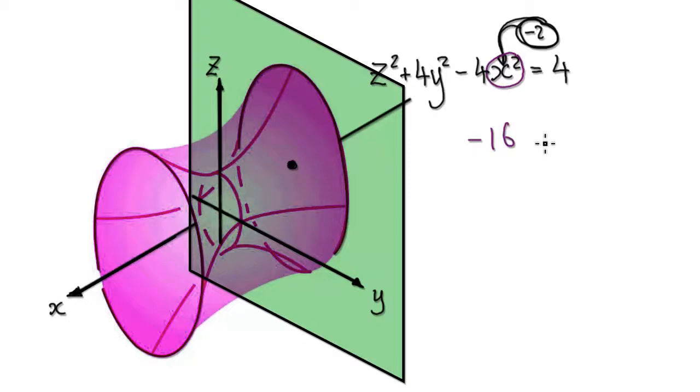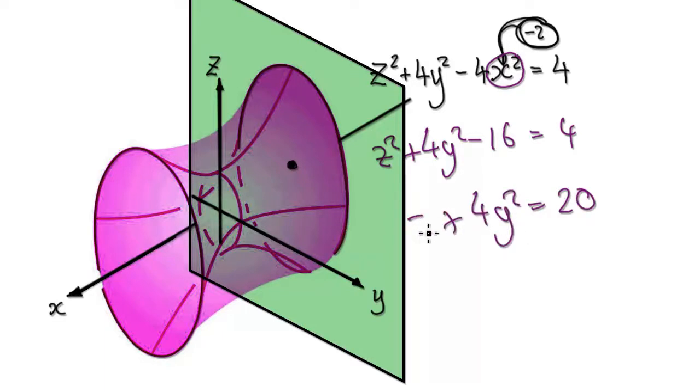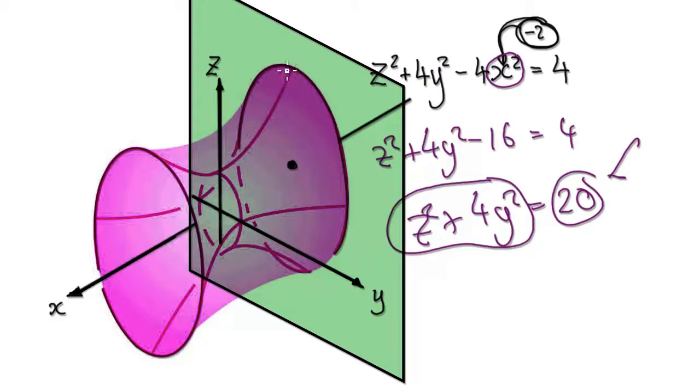It will still be negative 16, 4y squared, z squared, and then you would add 16 to both sides. Again, you're going to get an ellipse, but a bigger radius. That's why you've got this big ellipse here.